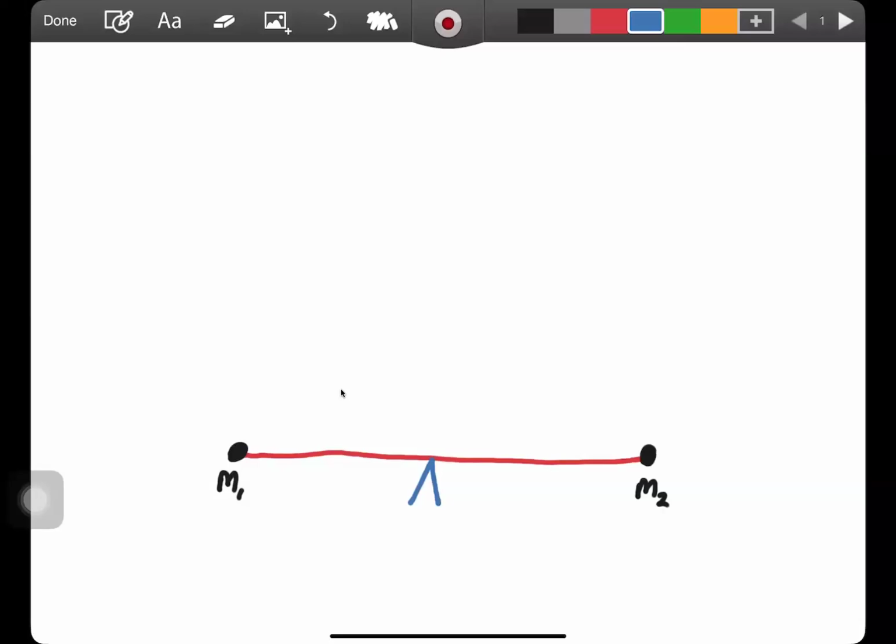So since both of the people sitting on the teeter-totter have mass, it means that there's going to be a gravitational force on both of them.